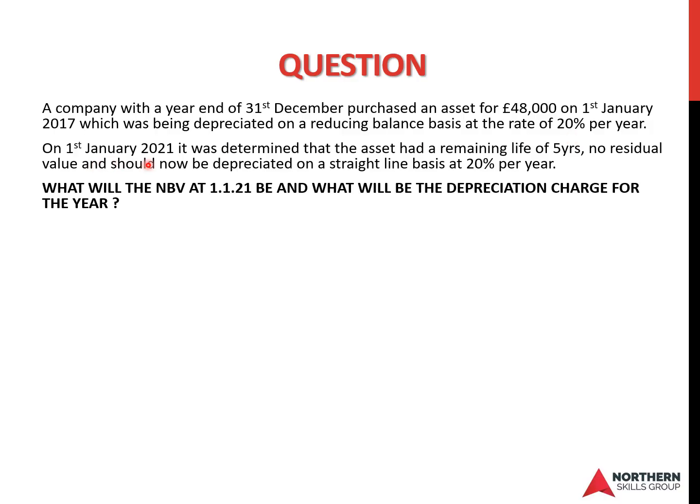In January 2021, they reviewed the asset and determined that it now had a remaining life of 5 years with no residual value, and it should now be depreciated on a straight line basis at the rate of 20% per year.